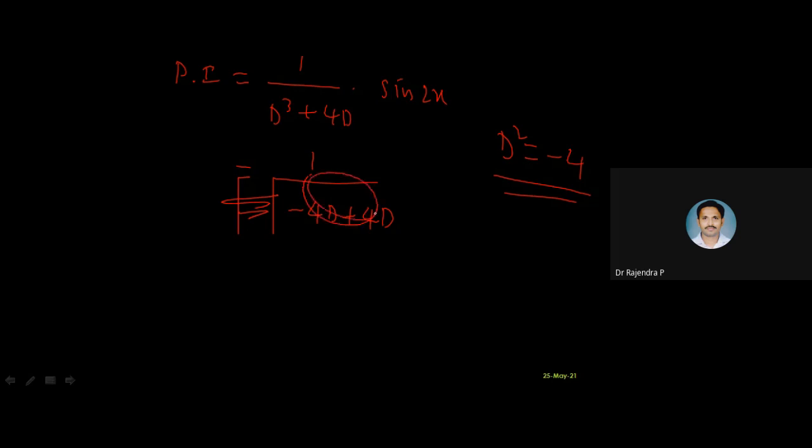Yes, good. So multiply x to the numerator and differentiate the denominator. Then this will be 3D square plus 4 into sin 2x.